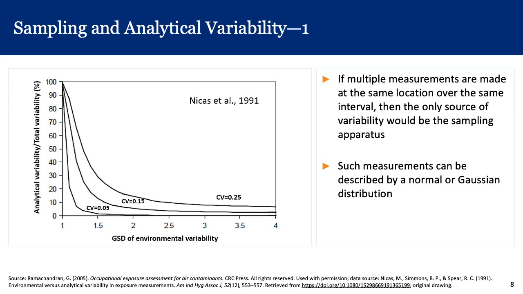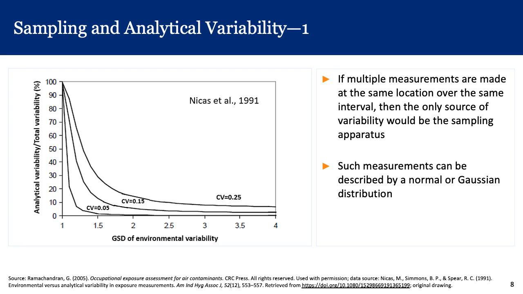Even if you have a very imprecise method, such as optical microscopy with a CV of 0.25, even there, for the mid-range of GSD, somewhere between 2 to 3, 3.5, or even 4, it contributes less than 10% of the total variability. So the analytical variability contributes less than 10% of the total variability.